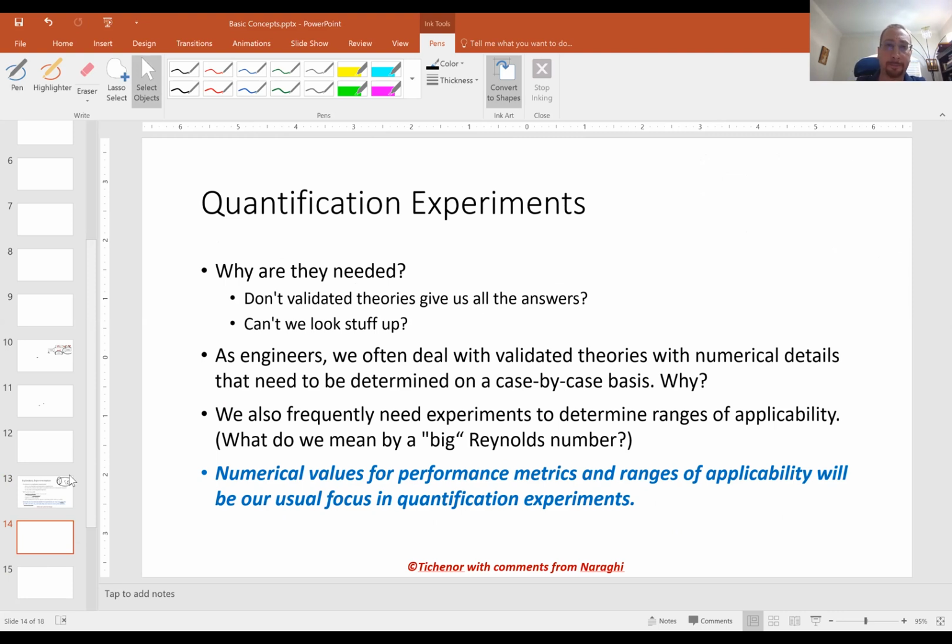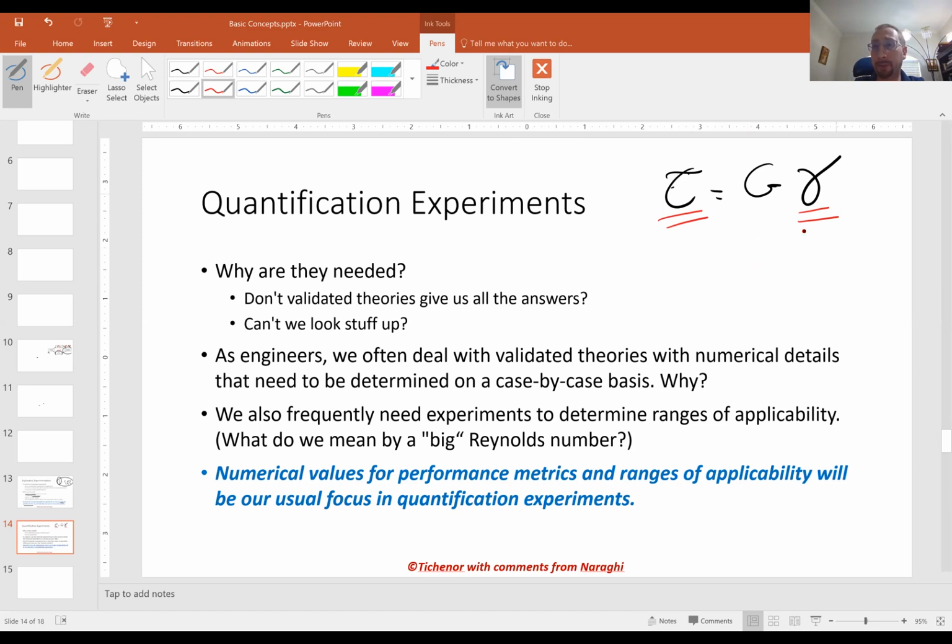Let's say I have this relationship between shear stress and shear strain, okay? Basically, I know that if I change shear stress, shear strain scales linearly with that.